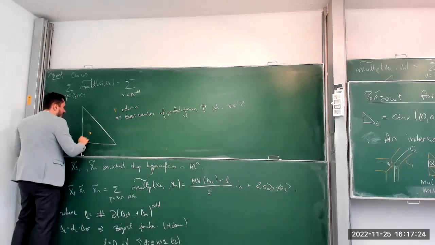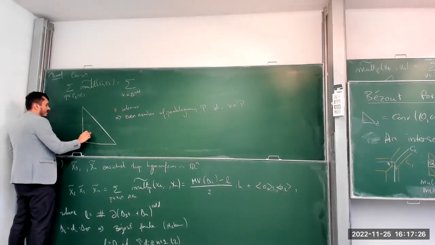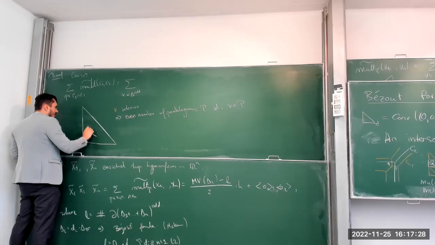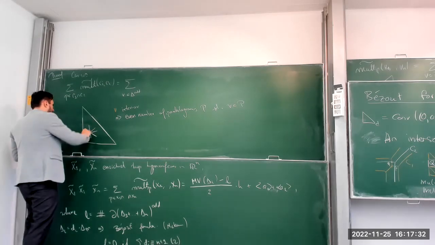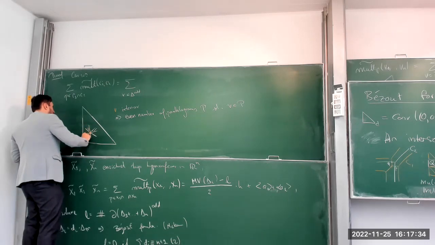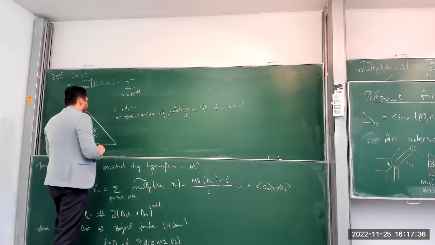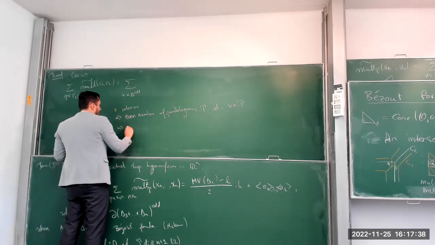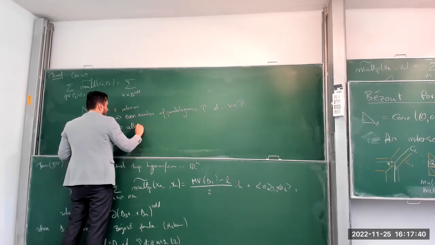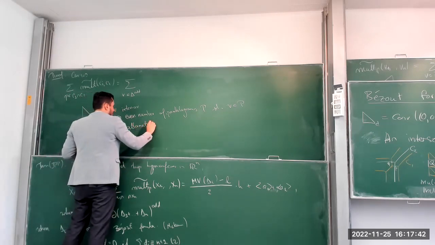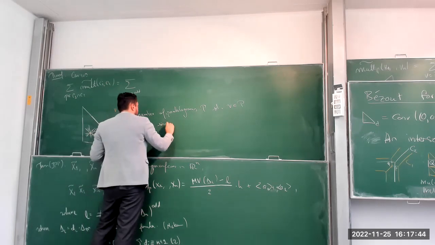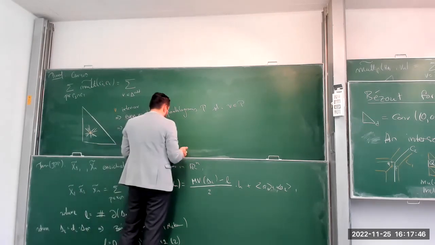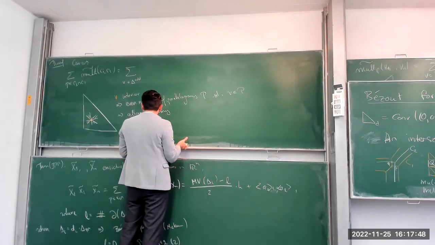So the parallelograms neighboring this one, they come in pairs, and they have alternating signs.